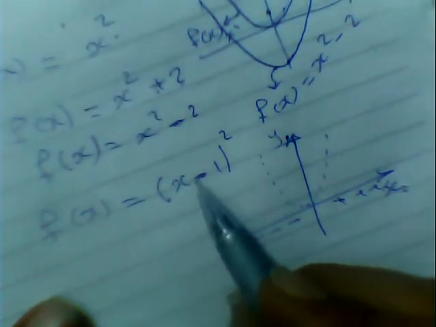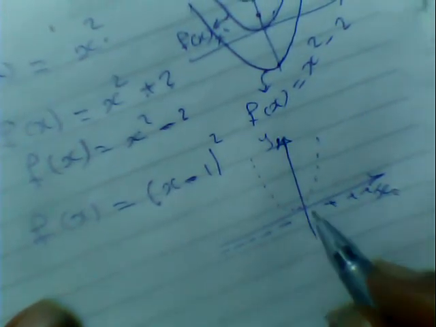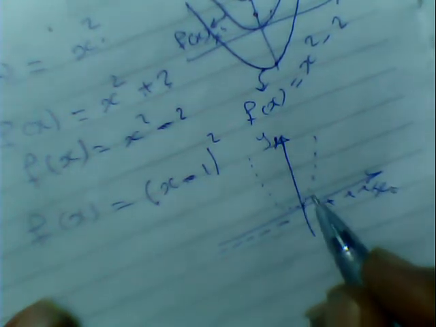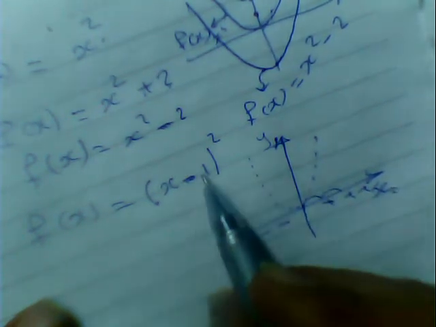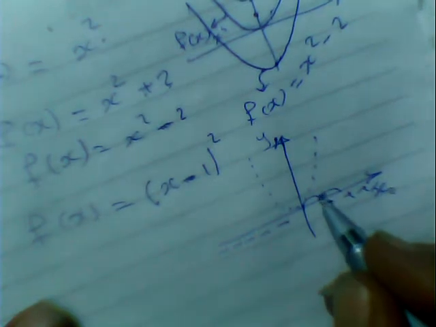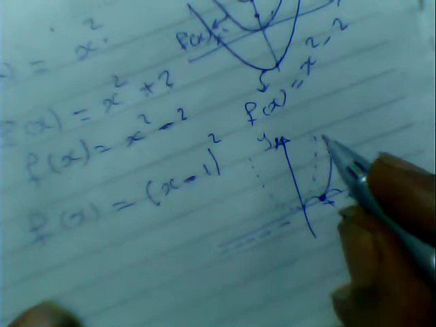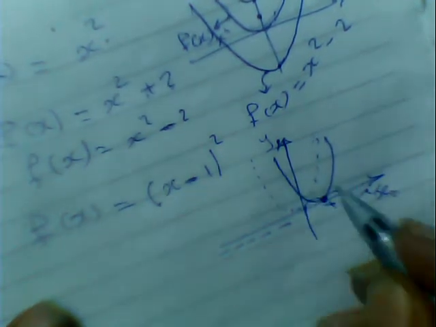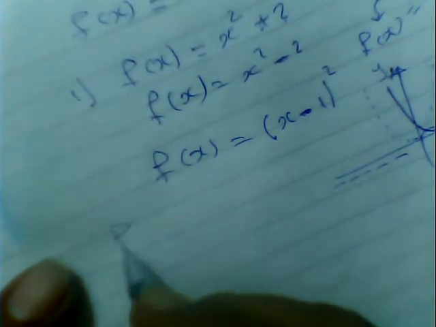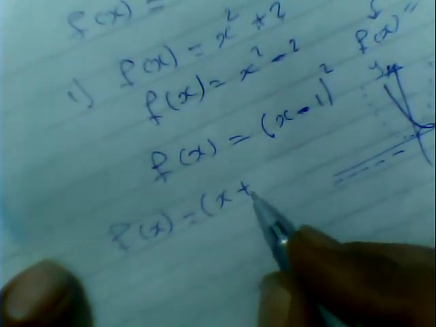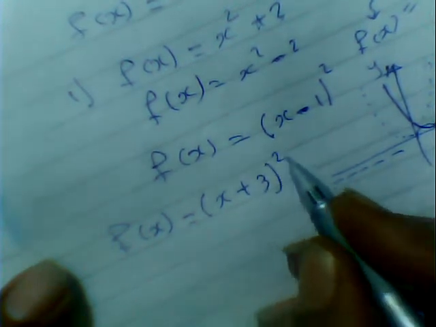If you have x minus 1, then you move 1 step to the right, and the curve moves to the right side like this.